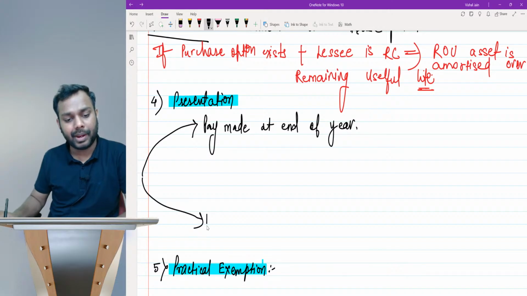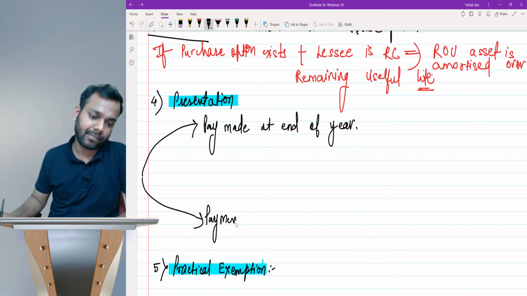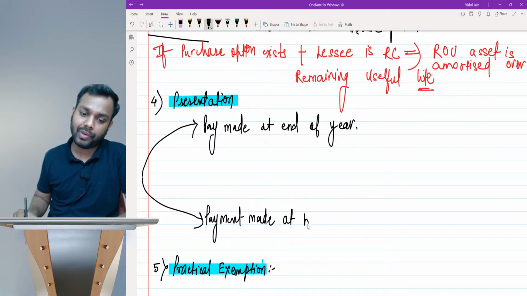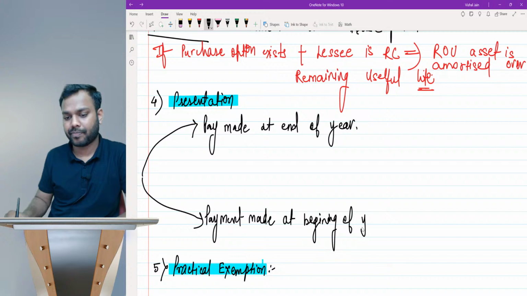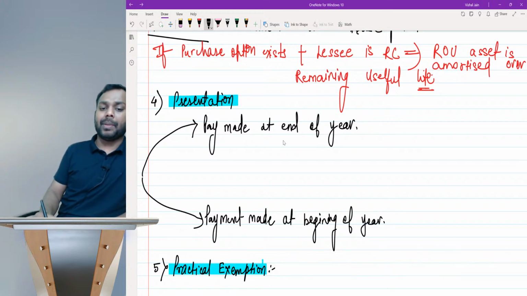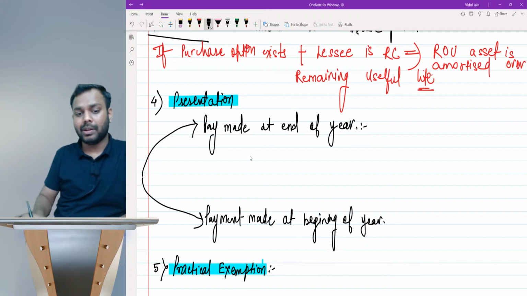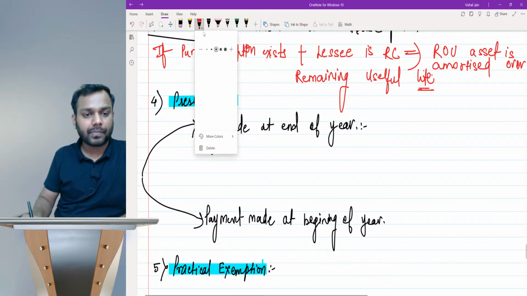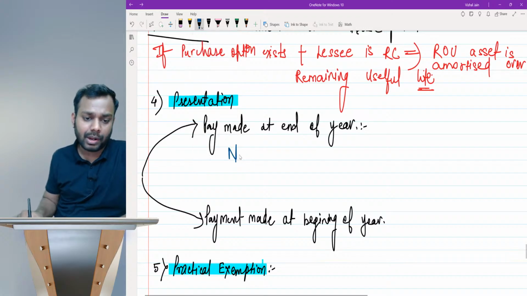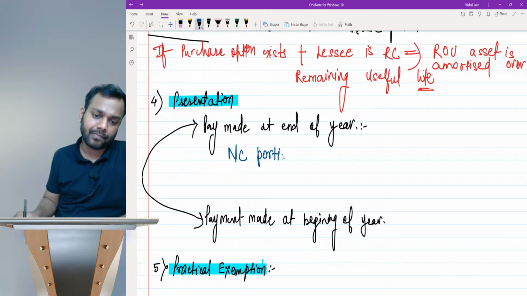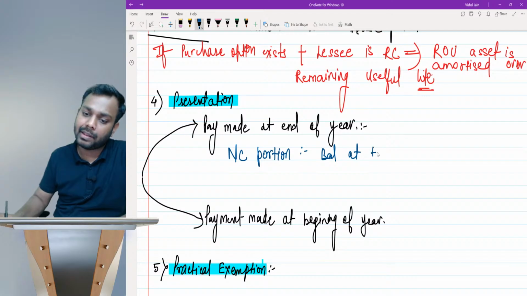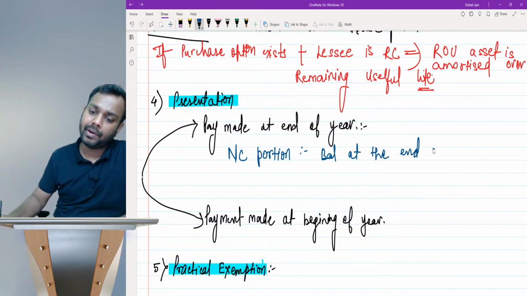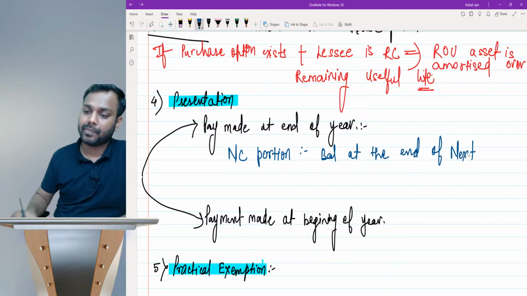Second instance is payments made at beginning of year. Now, if the payments are to be made at the end of the year, then your non-current portion will be the balance at the end of next year.